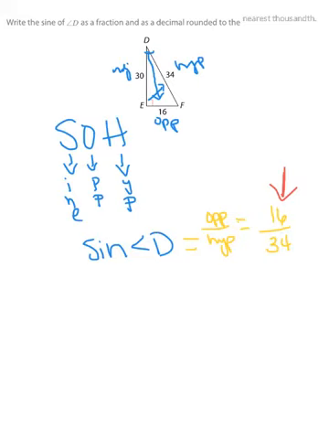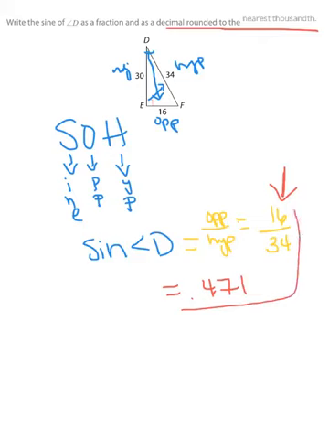But it told me up here to write it as a decimal rounded to the nearest thousandth, so I'm going to say that it's equal to 0.471. So these two are my final answers.